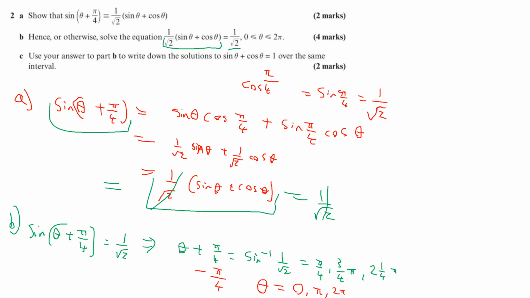Well, remember, if sine theta plus cos theta is equal to 1, then sine of theta plus pi over 4 is just going to be 1 over root 2 times 1, isn't it? Because we're just using this. So therefore, theta is still equal to 0, pi, and 2 pi. Okay?